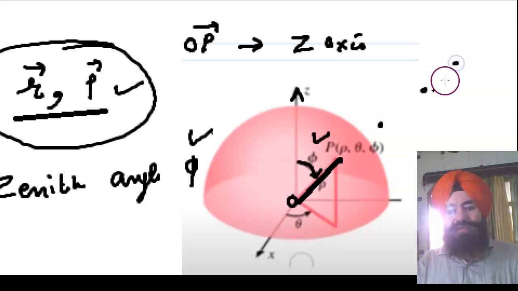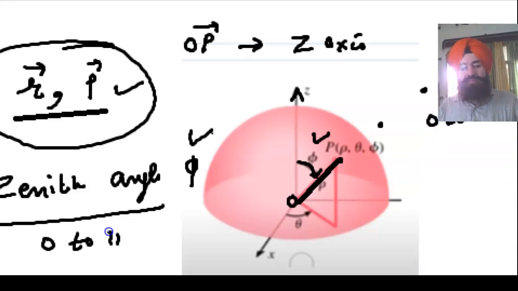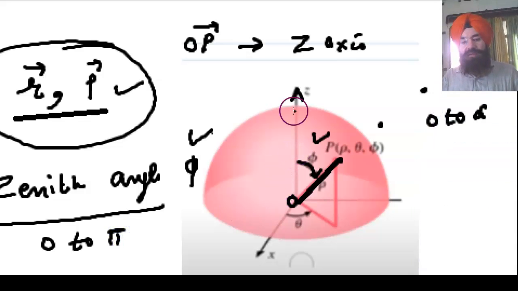So it is increasing. And theta, the zenith angle, can have any value from 0 to pi. Why pi? Because this is the positive z-axis and this is our negative z-axis.